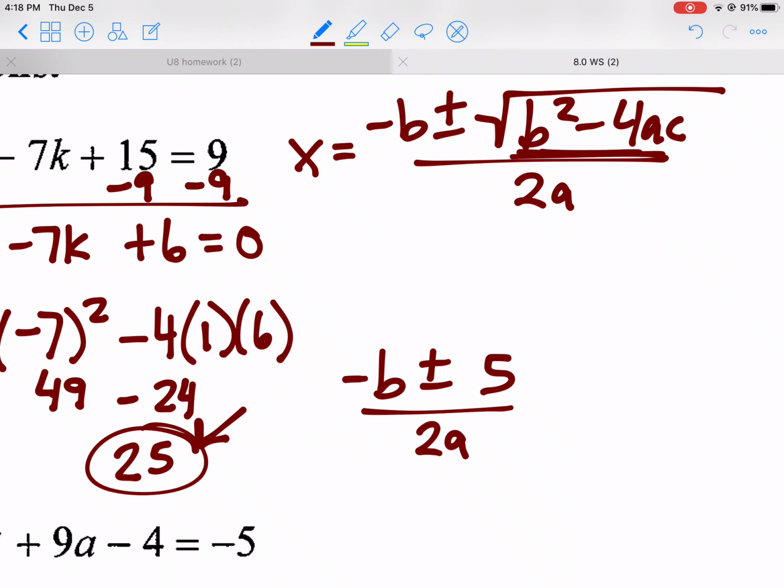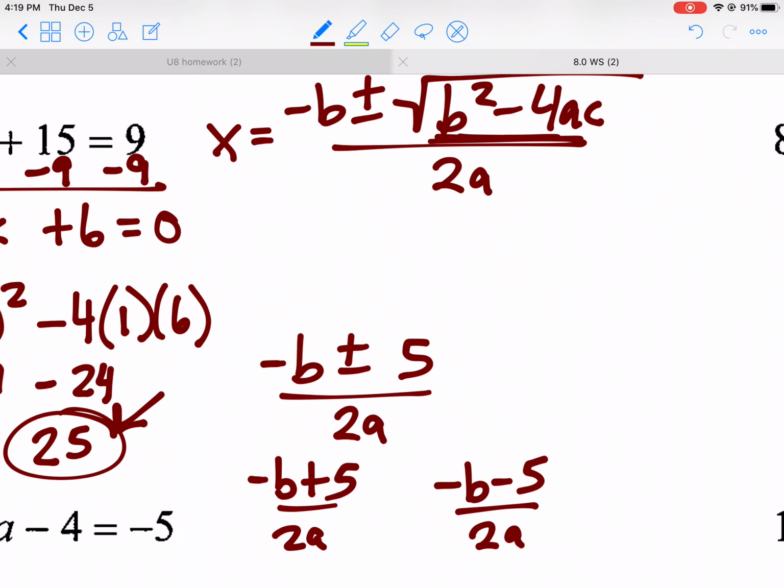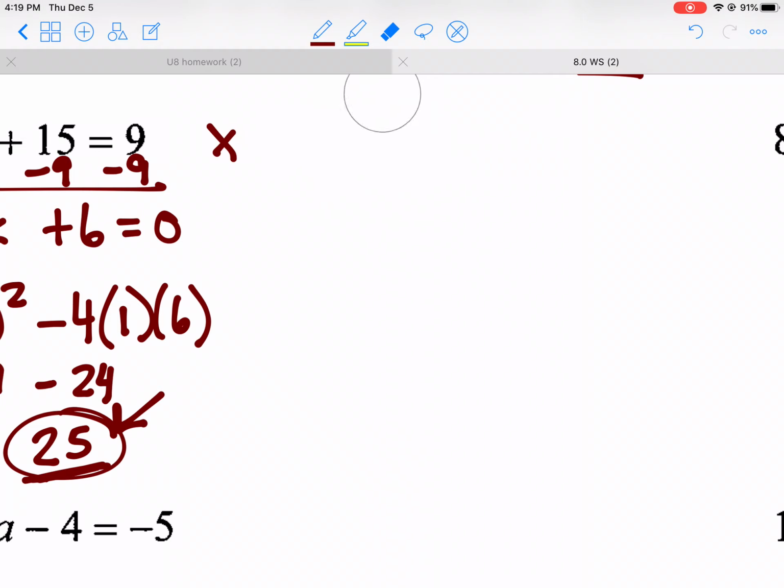Right here, I can see that I have two answers. One of them is negative b plus 5 over 2a, and the other is negative b minus 5 over 2a, right? This was positive, so when I take the square root of that, I still get positive stuff. So every time I get a positive discriminant, I know that I'm going to have two real solutions.